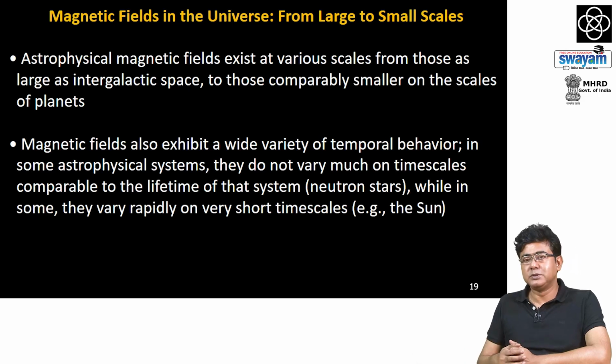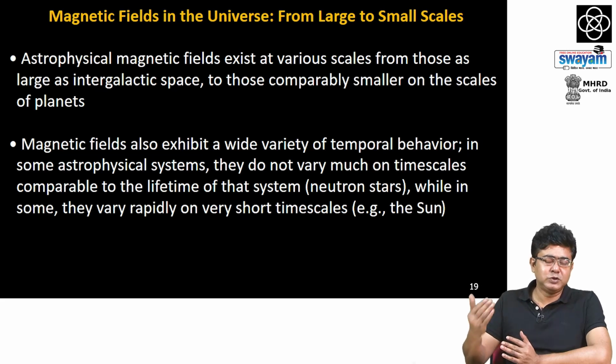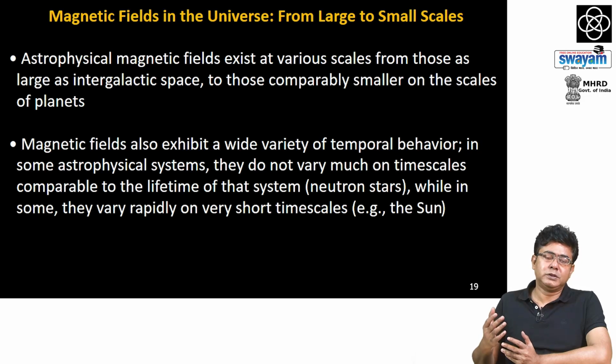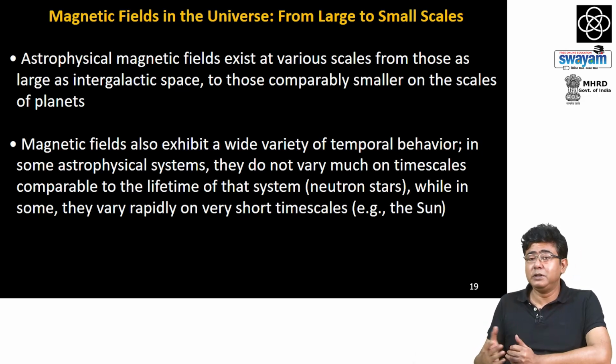In some systems, they are relatively constant in the sense they do not change much over the evolutionary lifetime of the system. For some systems, for example, the sun, the magnetic fields are highly variable, and they change much more rapidly than a relevant evolutionary time scale in the system.